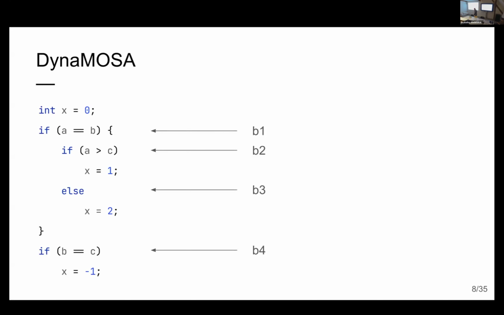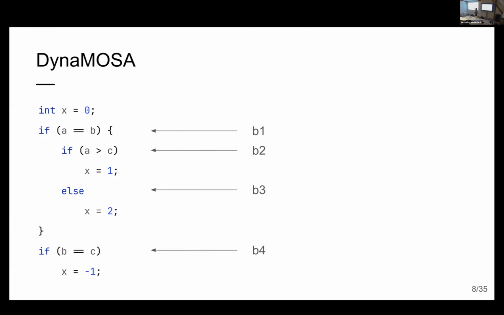Now speaking of Dynamosa, basically what we want to do when generating tests, we want to cover different branches. In code in real life, we usually have a lot of branches and we want to cover each of them, but we want to understand which one we want to prioritize in each case. For some reasons, at different points of time, we want to prioritize different things.